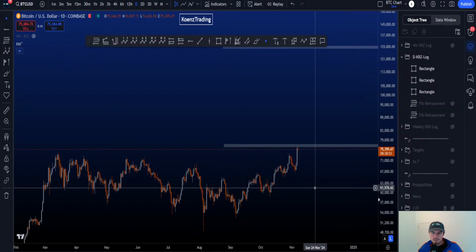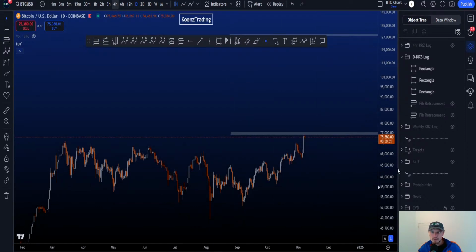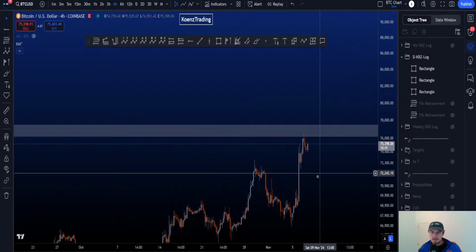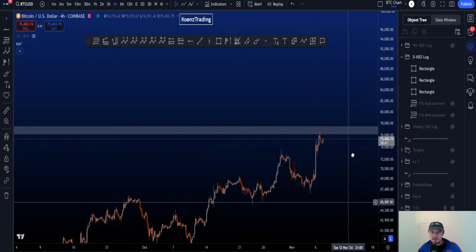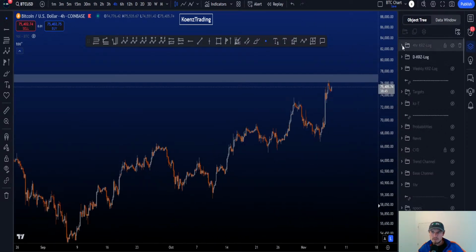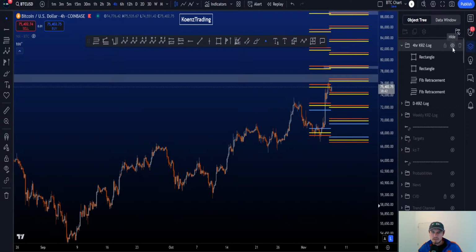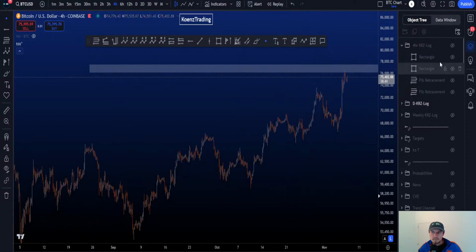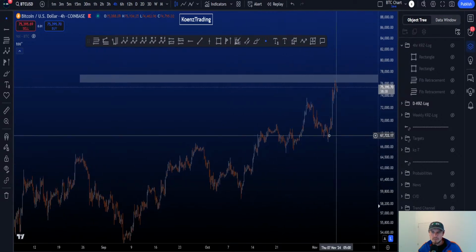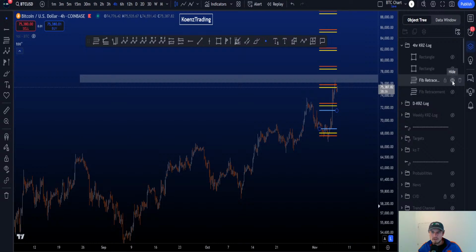There's not a lot of other pulls I can do on the daily. Okay, we're done on the daily. We're done on the weekly. We are pretty done on a 4-hour here. This is a daily pull. We used a 4-hour locally.